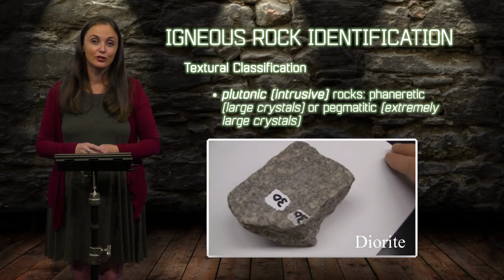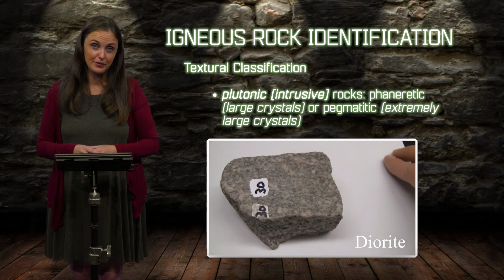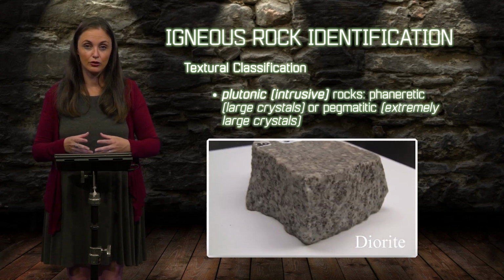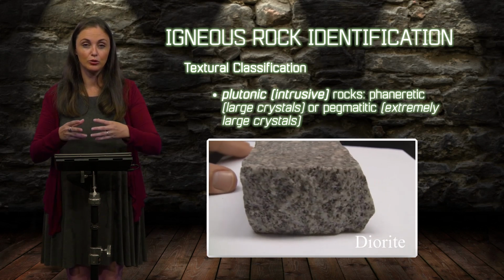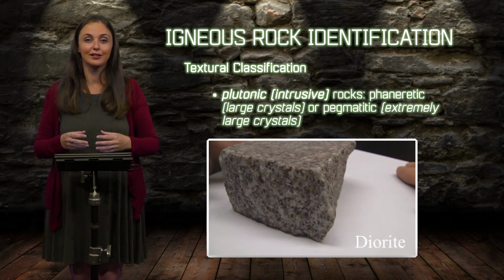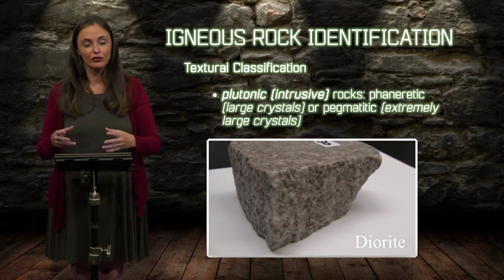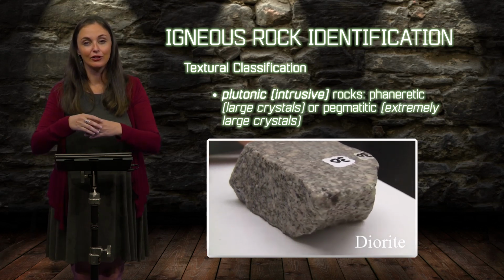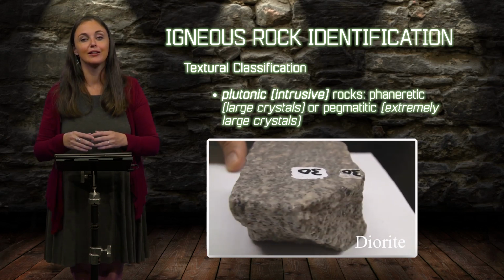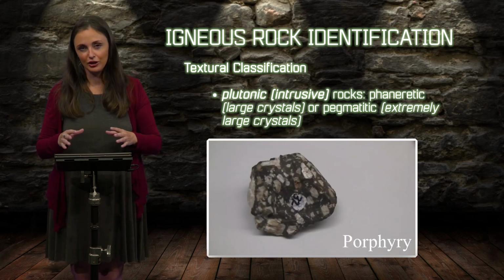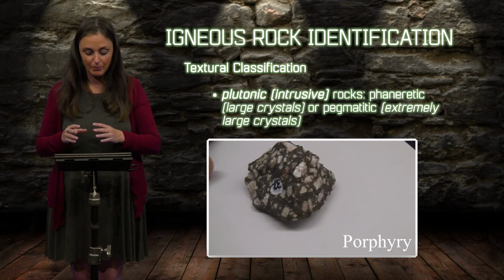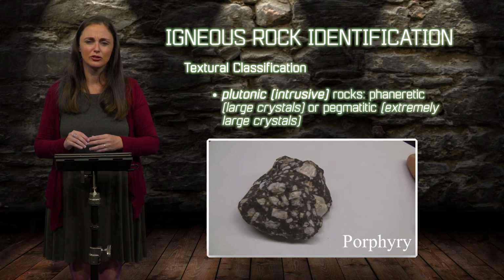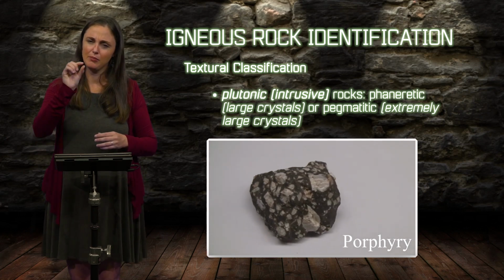Or in some cases, you might have a pegmatitic texture. When you have an igneous intrusion moving through the subsurface and up towards the surface, cooling and crystallizing, the very last stuff to form is going to cool the most slowly. And if it cools very, very slowly, then the crystals get to be really, really huge. So typically with a pegmatite, the individual crystals are not going to be a millimeter in diameter.